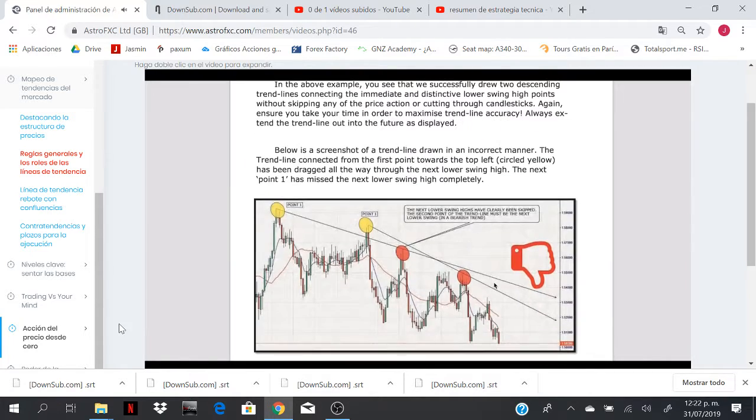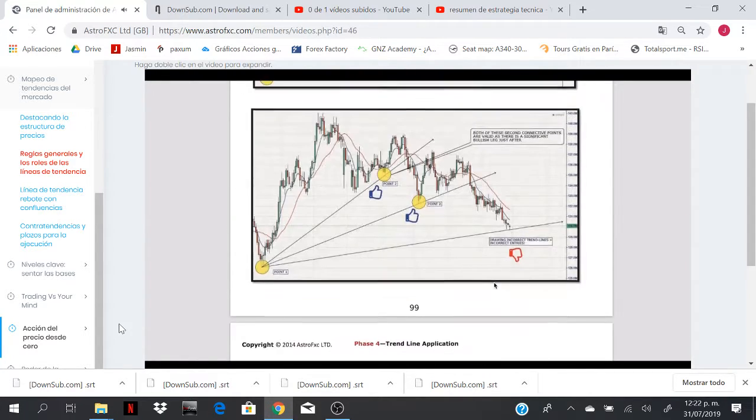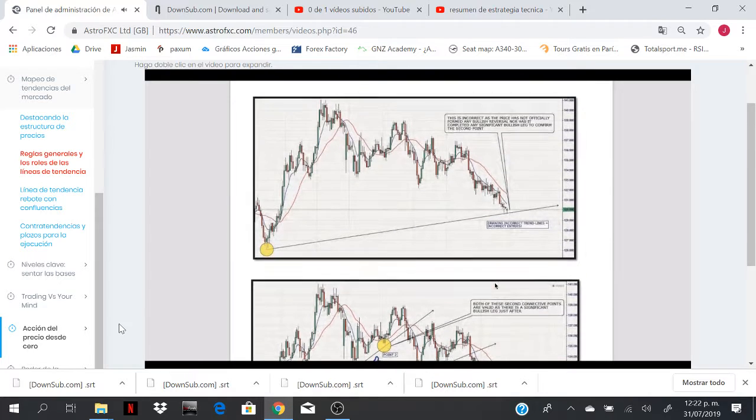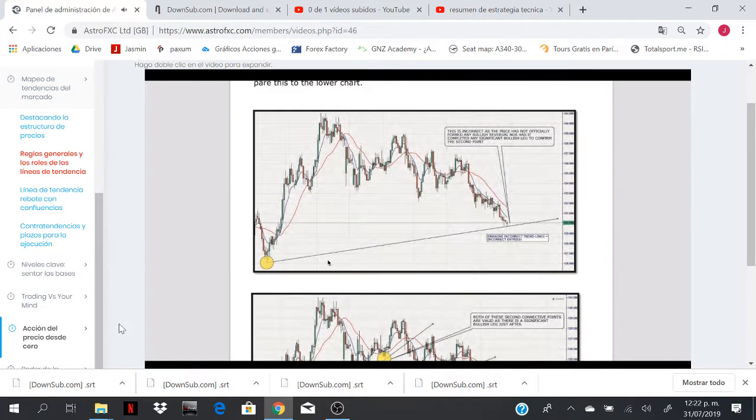What I mean by that is if you go to page 99, you can see here this is a no-no. This is incorrect. You can't just take a trend line from one point and drag it over to current price or where you see just one candlestick formation occurring, because we need to actually see a leg be formed. The market needs to actually pull up in this case. Why?